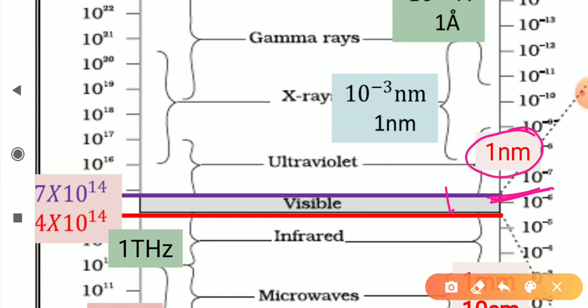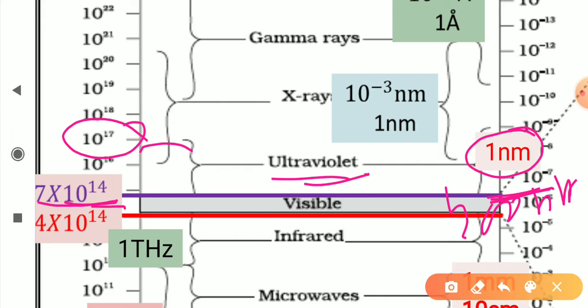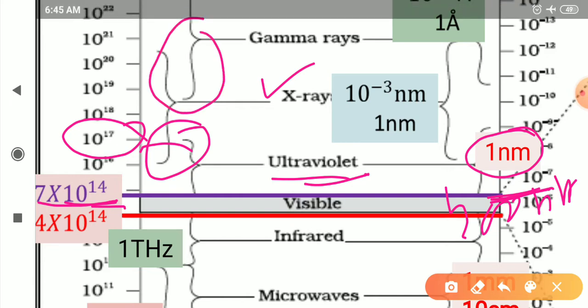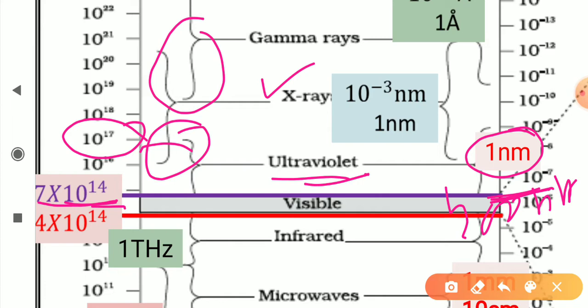So 1 to 400 nanometer, and the frequency range varies from 7 into 10 raised to the power 14 hertz up to 10 raised to the power 17 hertz, as you can see. And you see these wavelength ranges overlap with each other. Ultraviolet rays overlap X-rays, X-rays overlap gamma rays. So there is no clear-cut boundary.